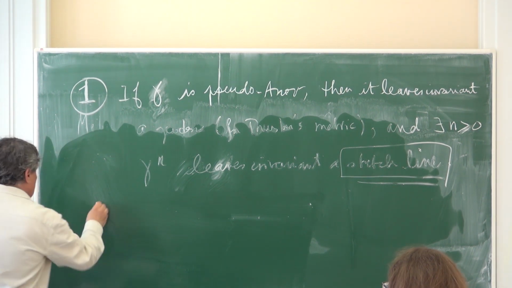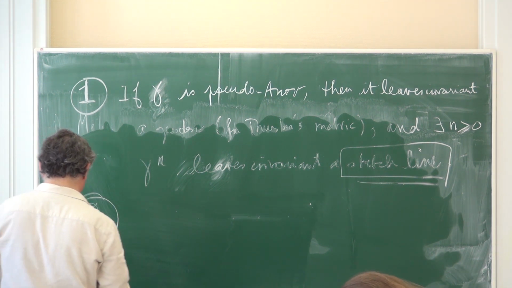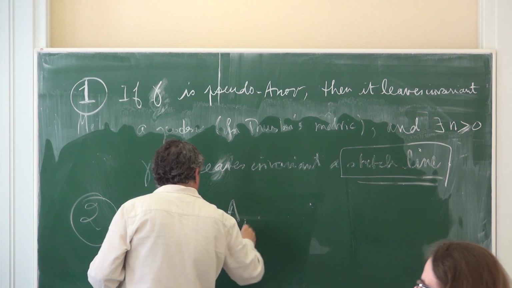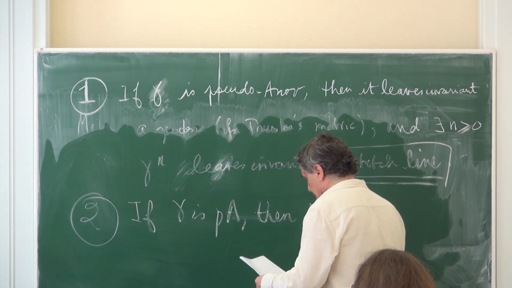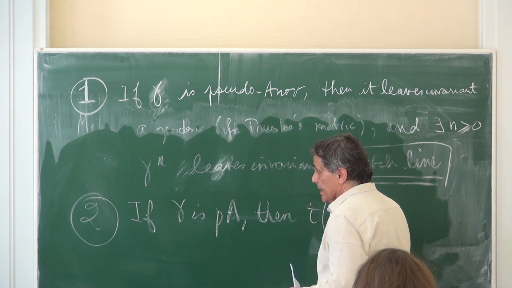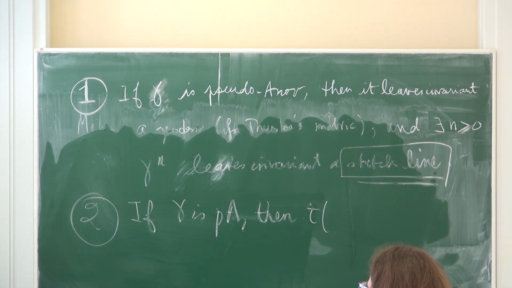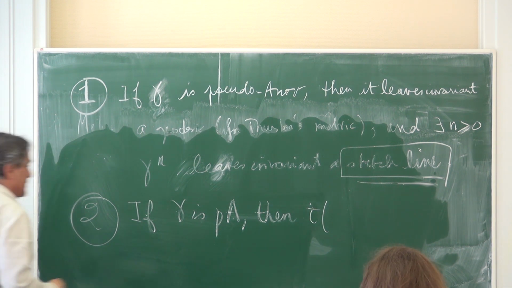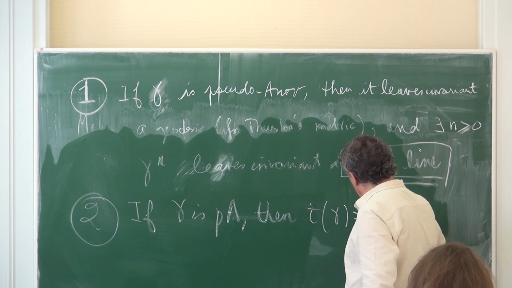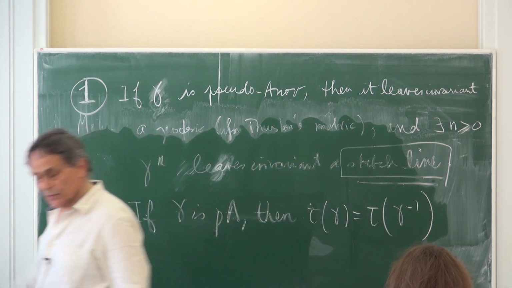Okay, the second statement is again: if gamma is pseudo-Anosov, then the translation distance of gamma is equal to the translation distance of gamma inverse, which is related to the question you asked there.